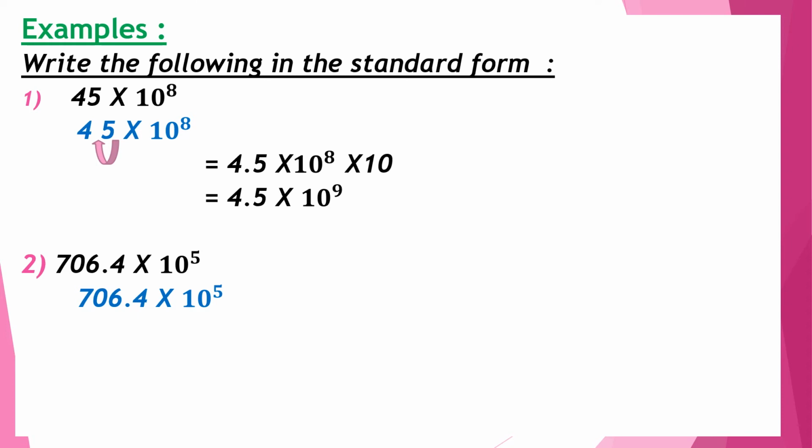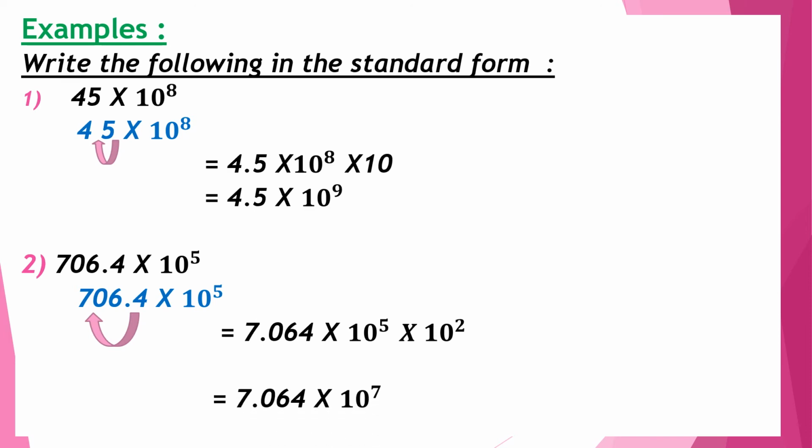Times 10 power 5 times 10 power 2. Because we move from the right to the left 2 steps, so we add 2 to the power. So it will be 7.064 times 10 power 5 times 10 power 2, which is equal to 7.064 times 10 power 7. And this is the standard form of this example.